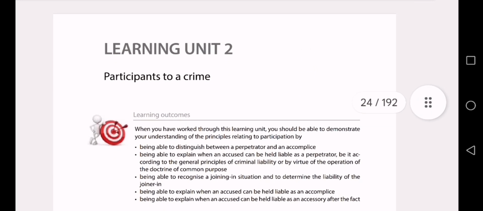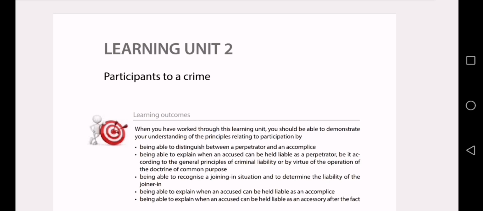We're gonna be dealing with study unit or learning unit 2, which we will divide into two groups. Let's go to learning unit 2. Learning unit 2 is participants to a crime. The time is exactly 12:42 today.